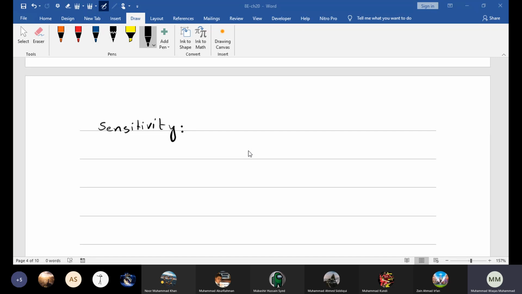That is called the sensitivity. So a greater increase in length of the liquid column per unit rise in temperature means the thermometer is more sensitive. If the change is smaller for a unit temperature, the thermometer is less sensitive. Clear? Yes, sir.